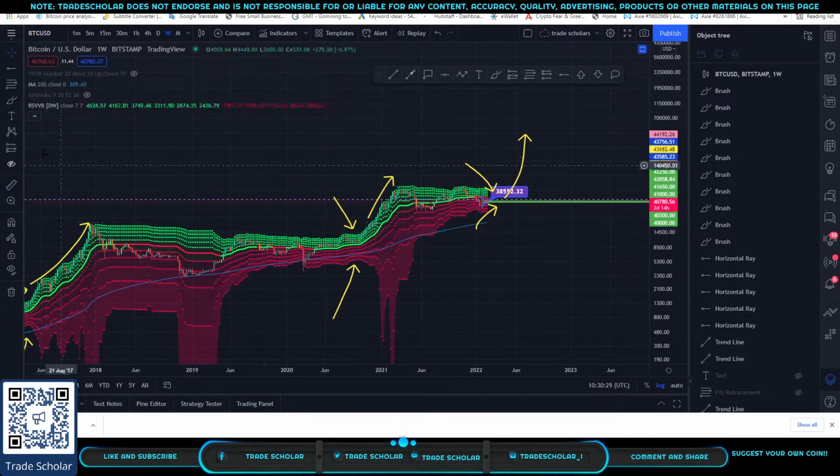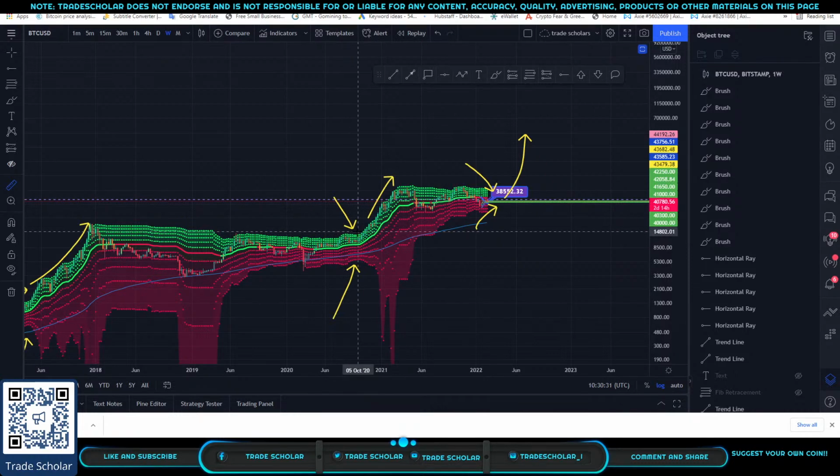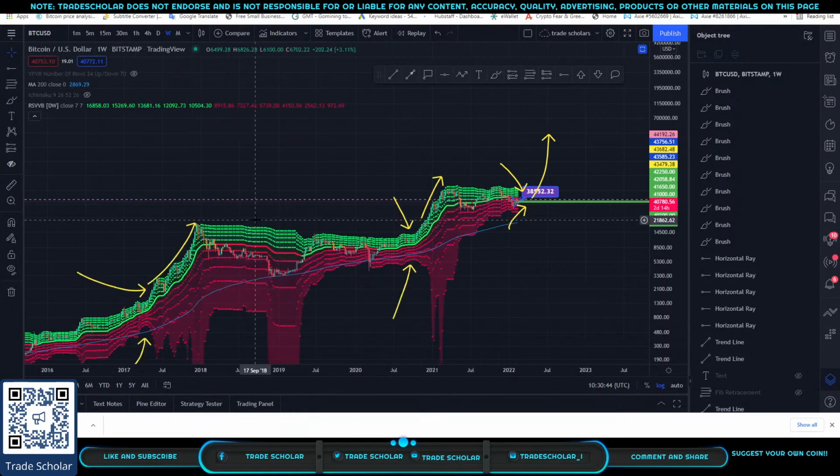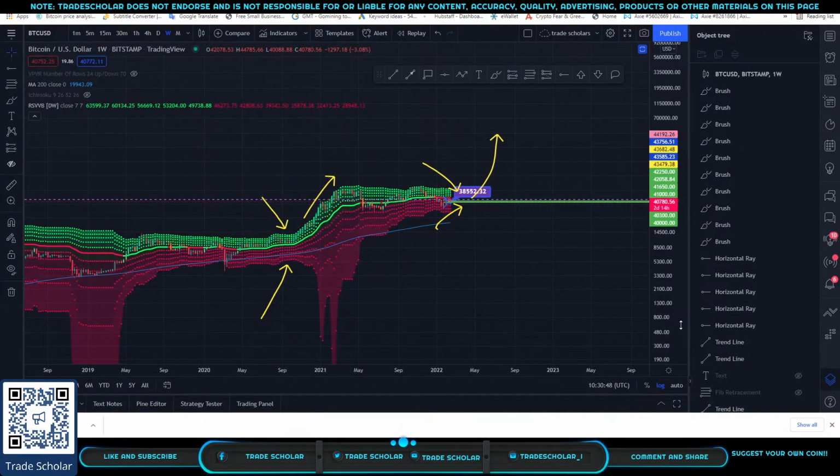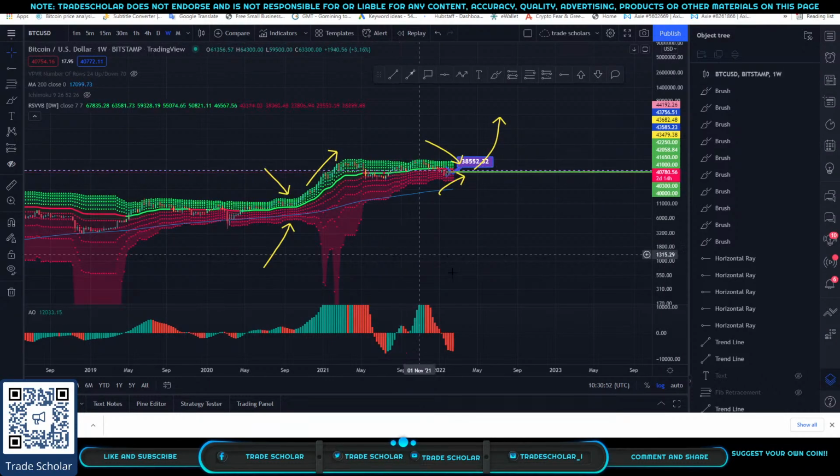And right here, after the constriction, we just made a move of 368%. That's not even 50% of the massive move. So it's not yet. We are still waiting for that massive move right there. So after this constriction right here, we can expect more movement to the upside.